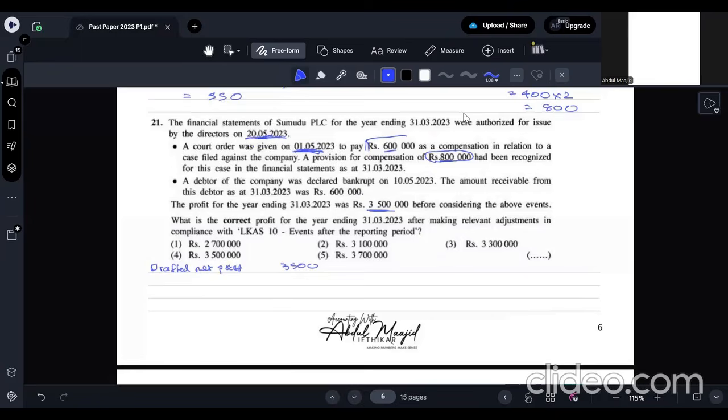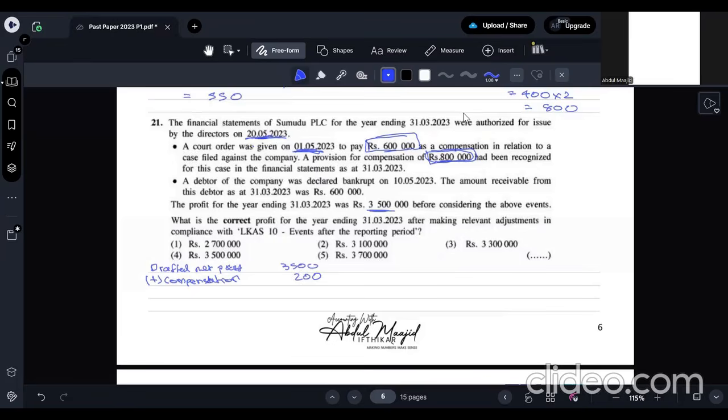The actual provision we have to pay is 600. We have recorded 800, so we have recorded 200 extra. We have recorded compensation of extra 200. To reverse it, you have to add it back to your profit plus compensation. You have deducted extra, right? Extra 200. You have to add 200 back.